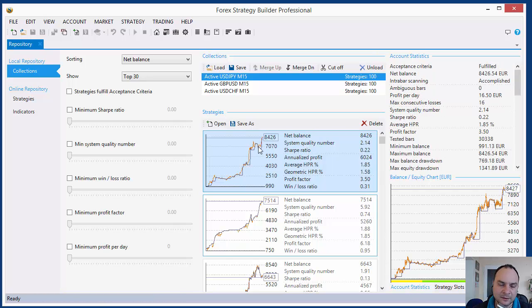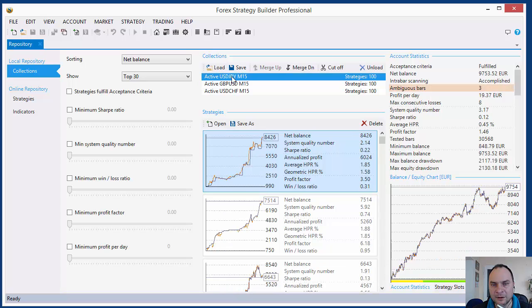What we see here is the balance line calculated by the generator, but the generator may use different historical data or out of sample data, and this balance may not be actual.